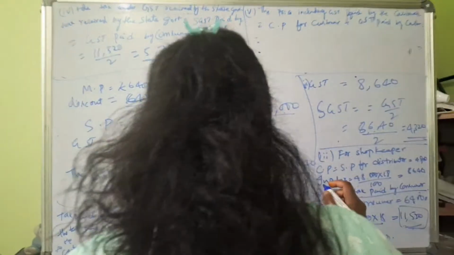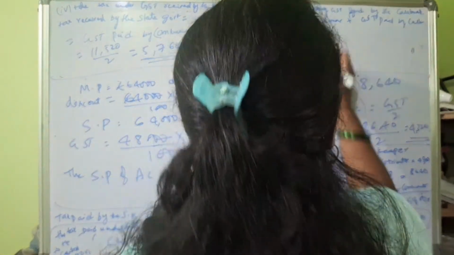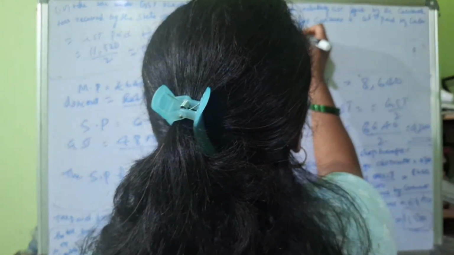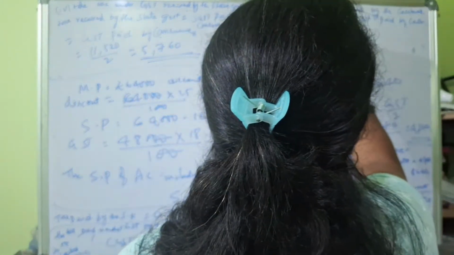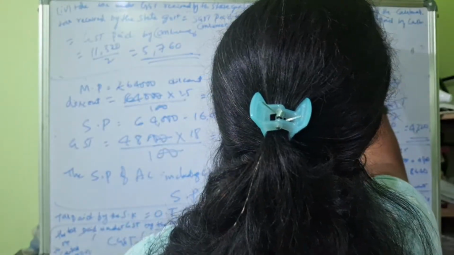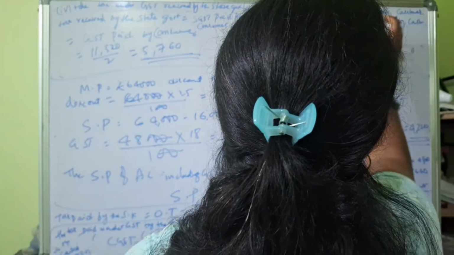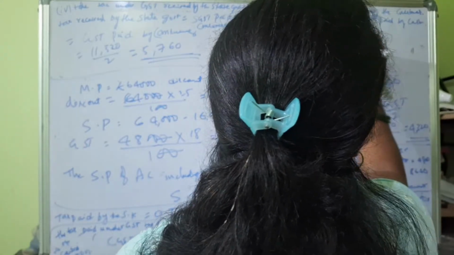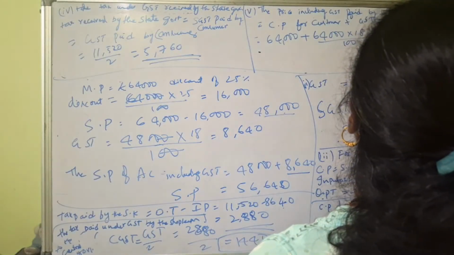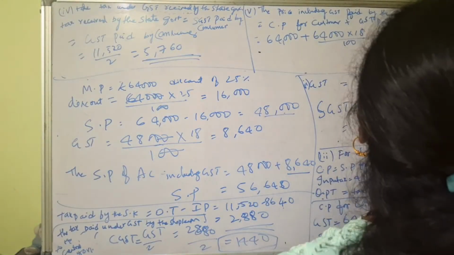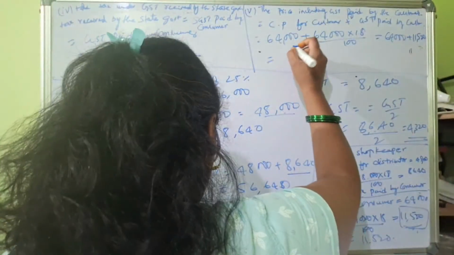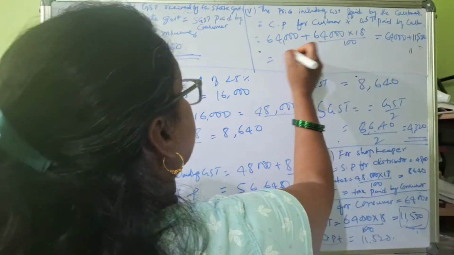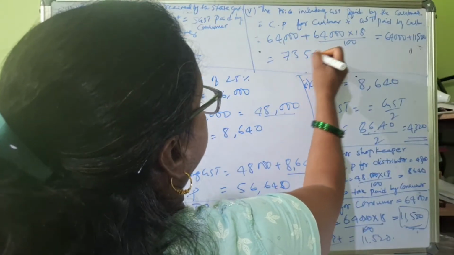Cost price for the customer is 64,000 plus 18% of 64,000, that is 18 divided by 100. So this is 64,000 plus 11,520, which is equal to the final answer, 75,520.